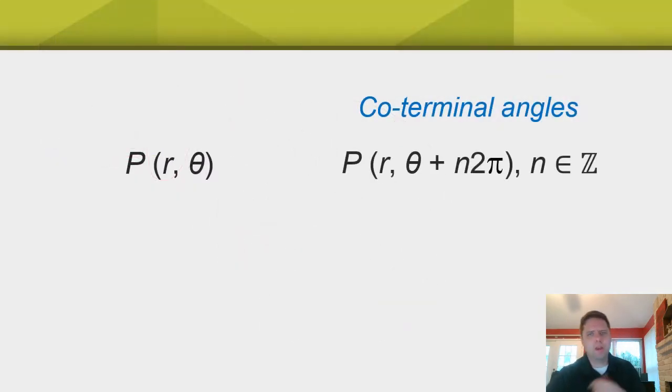All right, now I just want to mention here that with any point, whenever we're talking about going around, when you have degree measurements like this, you can get to coterminal angles. So for any point r comma theta, we can add n times 2 pi and come to the same measurement.